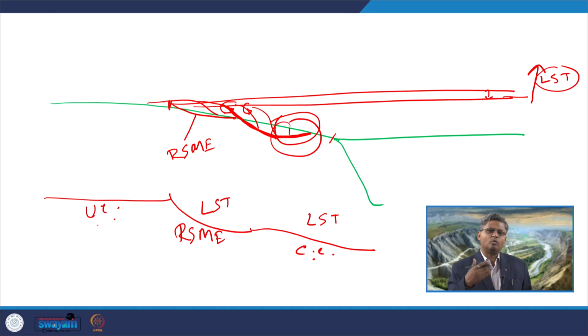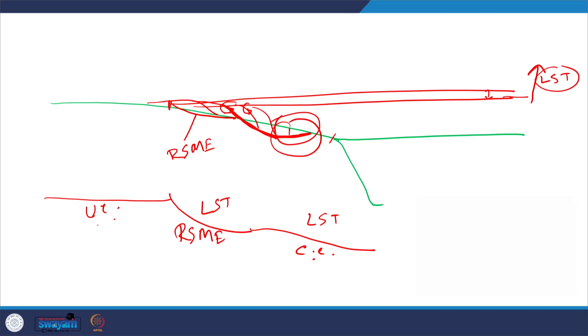So, if I want to discuss a little bit more about what are the actual depositional processes and what are the resultant products in terms of distribution of different depositional environments and the different depositional systems during the LST, we can take help of again a very simple diagram.